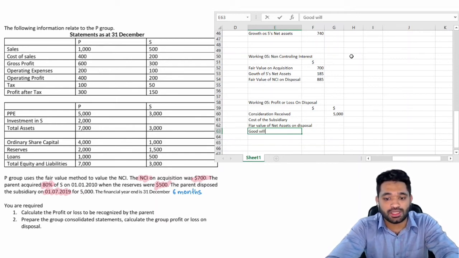So goodwill on disposal will be added onto it, and then you will be reducing the share that belongs to the NCI. So less the fair value of NCI on disposal.